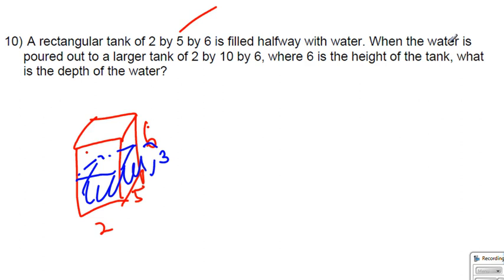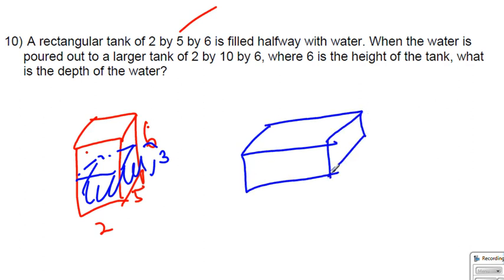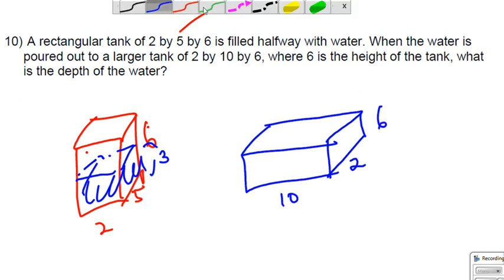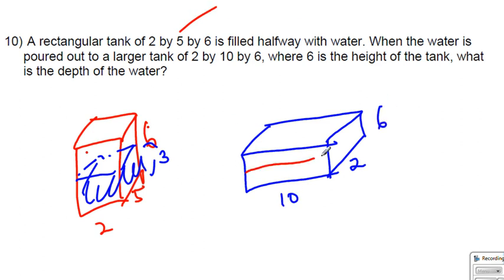Now, when the water is then poured into the larger tank, 2 by 10 by 6, this is 2 by 10 by 6. Of course, it's not going to fill everything, but let us say it's filling up to here. We have no idea, and then let's call that h, height of the water.